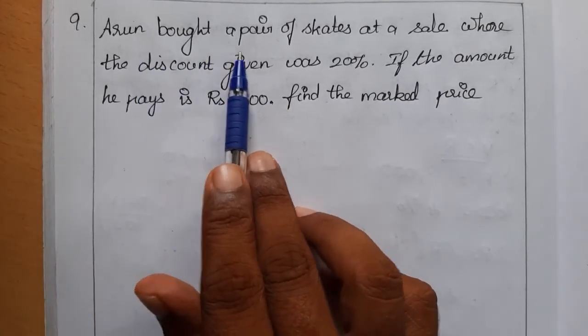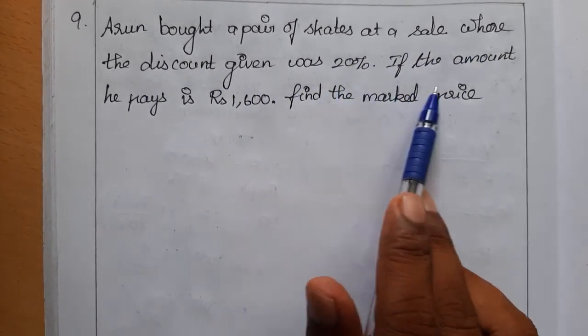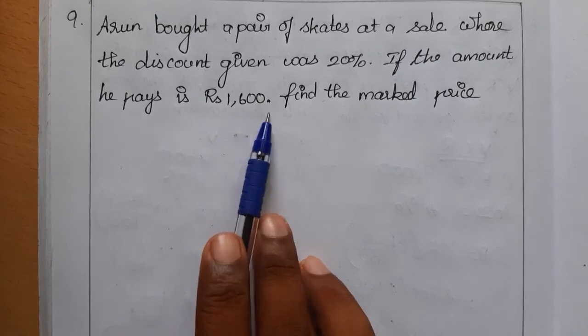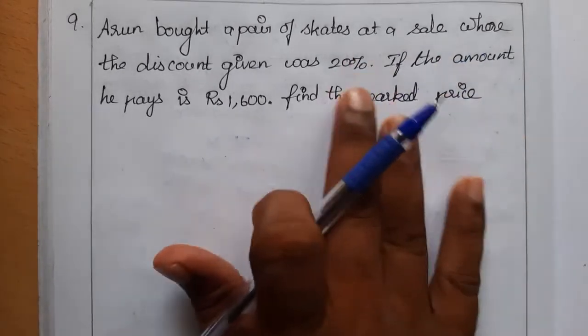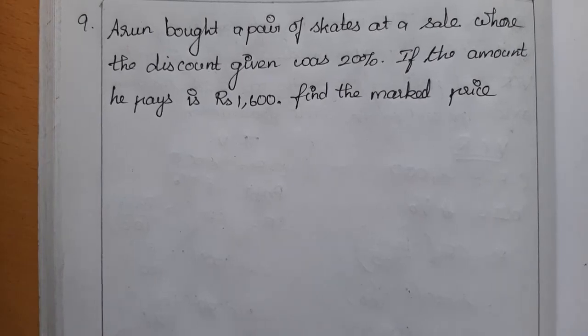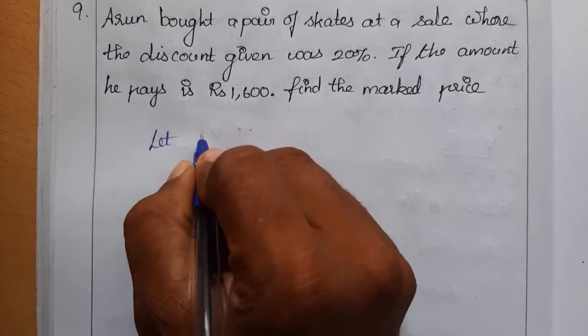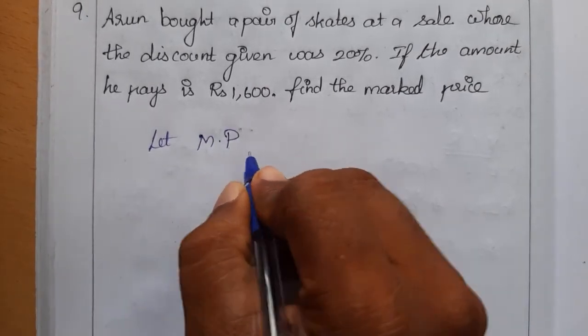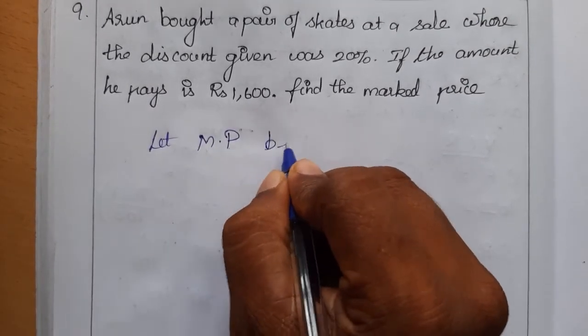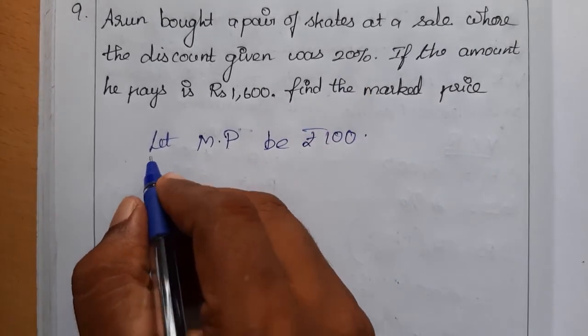Arun bought a pair of skates at a sale where the discount given was 20%. If the amount he pays is 1,600, what is the market price? Market price is nothing but the marked price, right? So we don't know the market price. Let the market price, I will write as MP, be rupees 100, right? They gave a 20% discount.